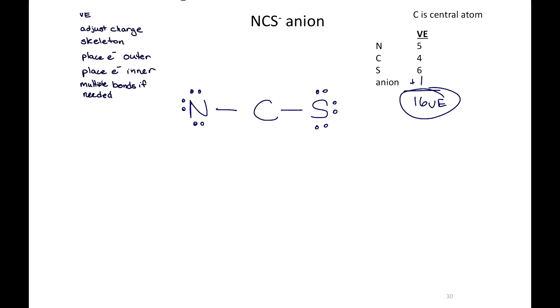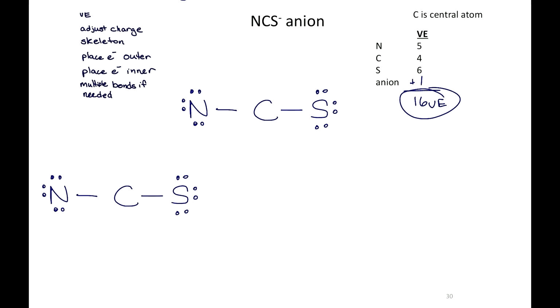We're going to move lone pairs to make double bonds, but there's multiple ways we can achieve that. Let me just ask you, how many additional bonds do I need to make to carbon to achieve an octet? 2 more, all right? So I have to move 2 lone pairs, but there's a bunch of ways I can achieve that. What is one of the ways I can achieve it?